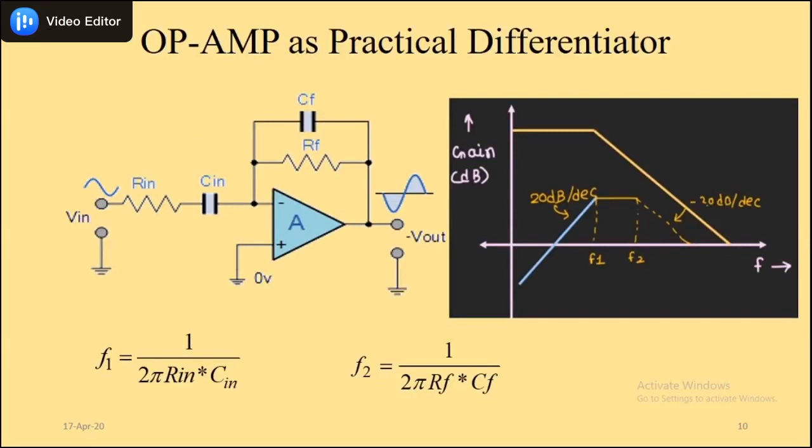What changes have we made here? We have connected a resistance on the input side and one more capacitor on the feedback side. So we have connected one capacitor in parallel with the feedback resistor.